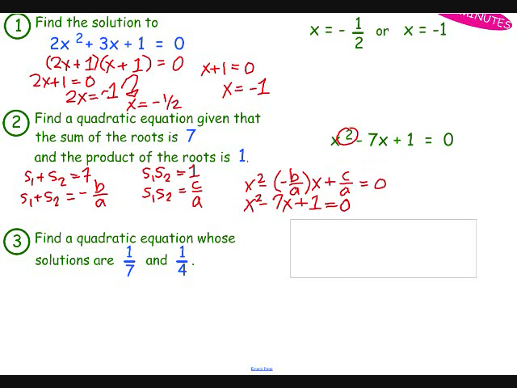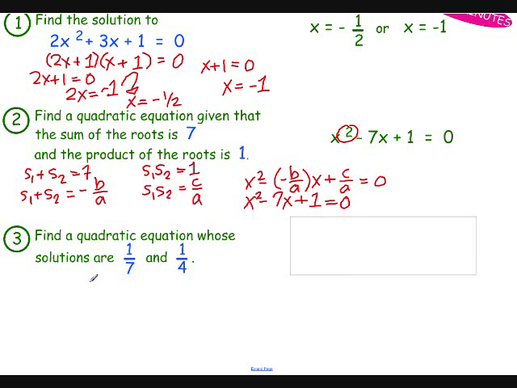Now we're going to look at this last one. Find a quadratic equation whose solutions are 1/7 and 1/4. Well, what I know is that the sum of solutions is going to be equal to negative b over a. True? And in this case, to add these two together, I have to find a common denominator, which would be 28.